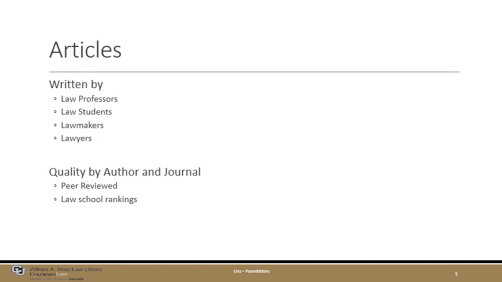So the top 14 law schools, such as Harvard and Yale and Stanford, the articles in those journals are likely to be considered of higher quality than those from lower tiered law schools. That's not always true and not always fair, but that's generally the way that it's viewed, and the way that faculty like to get their articles published in the journals from the better law schools.